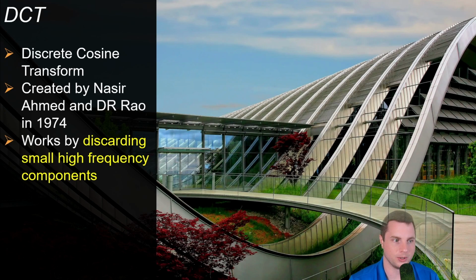DCT, discrete cosine transform. This was the original compression algorithm. 1974 it was made. It's been around for a long time. All right. It works by discarding high frequency small components. And this is part of the reason why sharp edges have such a hard time, because yeah, it's going to blunt those sharp edges.